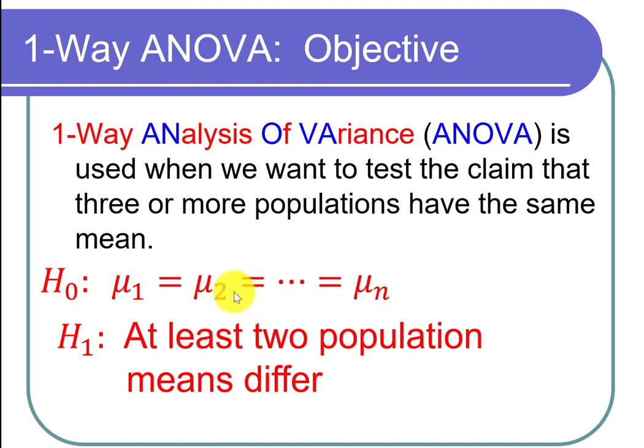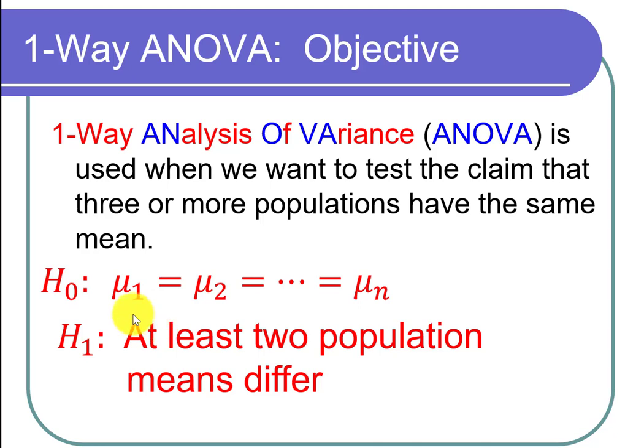So H1 is at least 2 population means differ. Again, many could be the same, but as long as there are 2 of them that you can identify that are different from each other, that means that H1 is true.